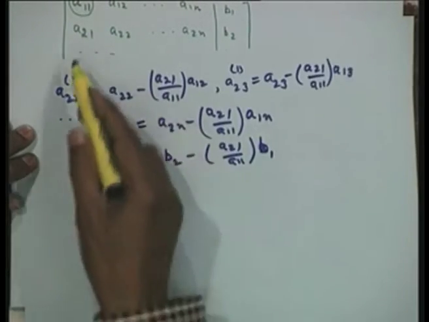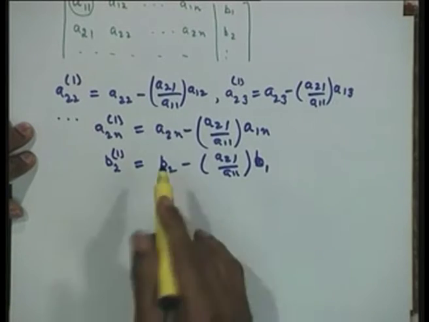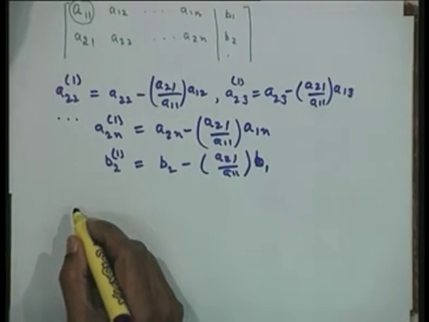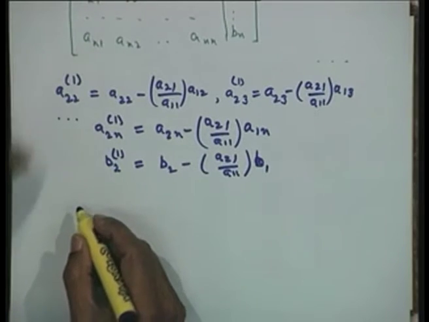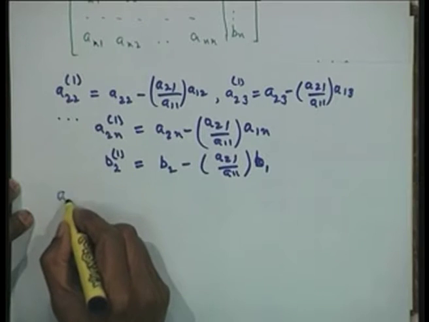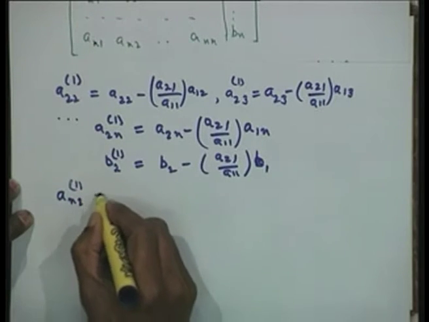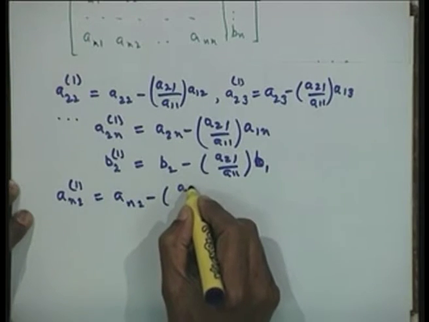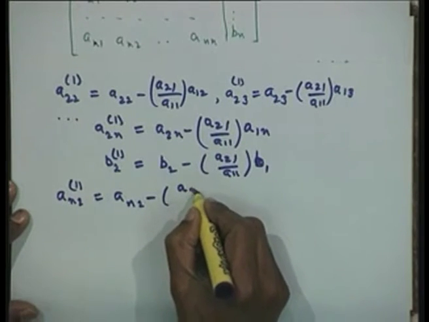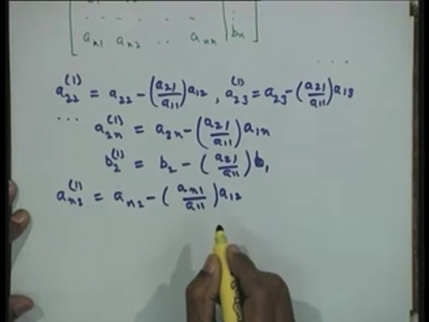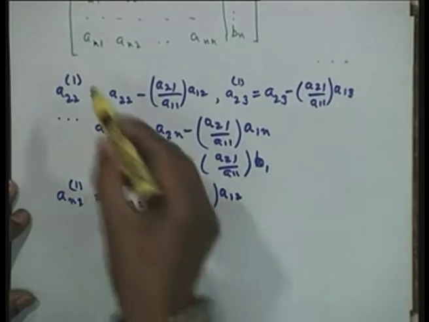Now we proceed on this elementary row operation procedure until the last row. So if I go to the last row, this factor will become 0, and An2 will be An2 minus An1 upon A11 into A12. So this is made 0.